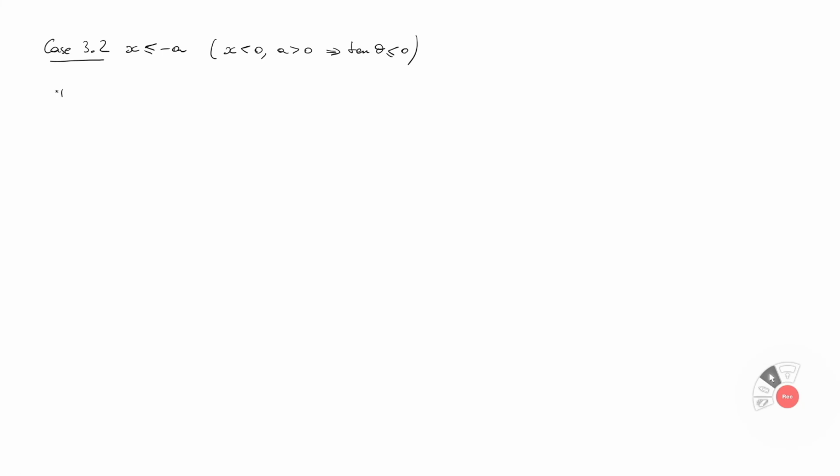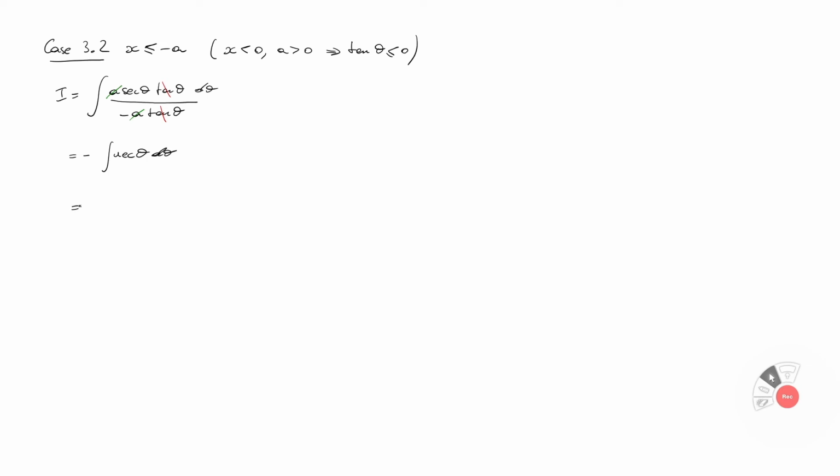And then the integral becomes a times secant theta tan theta d theta divided by negative a times tan theta. You have cancellations, the constant of course, the tan drops out, and you have minus secant theta d theta.